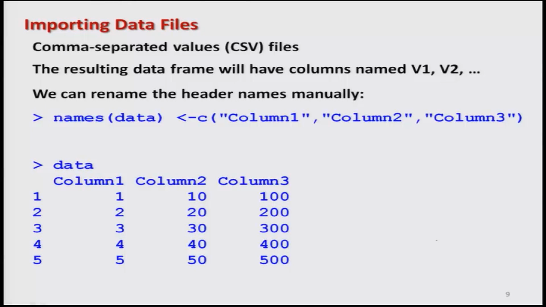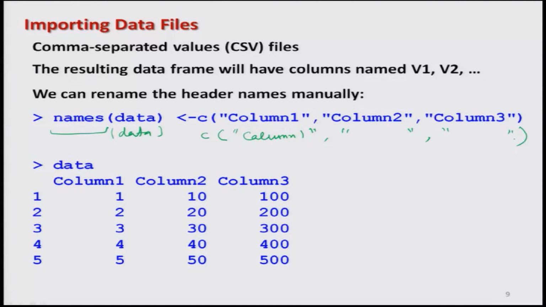In order to change the names, we use the syntax names, and inside the argument we write the name of the data file, and then the name of the first column, the name of the second column, the name of the third column, inside double quotes and separated by commas.